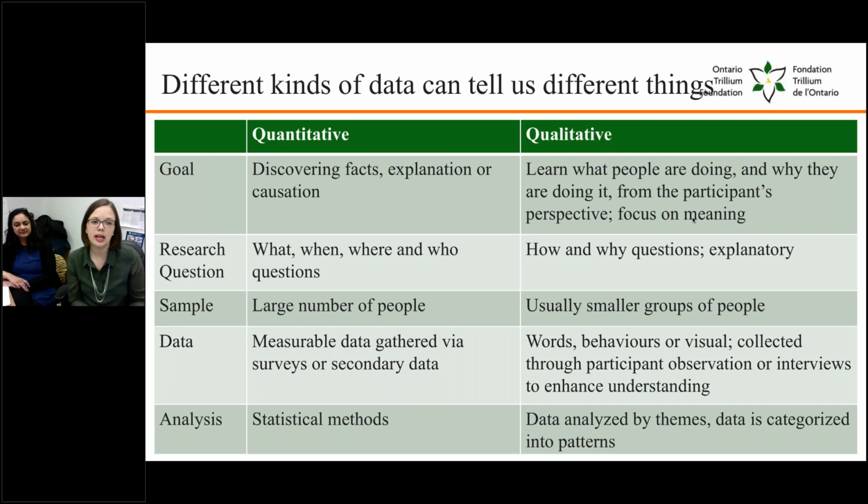The questions quantitative can answer are more around what happened, when, for whom. But qualitative questions can be really important about, okay, we know if something works or didn't, but why did it work, or how did it work? Why did it work for some people and not others? So it can really help in building that meaning about why something happened or didn't happen.